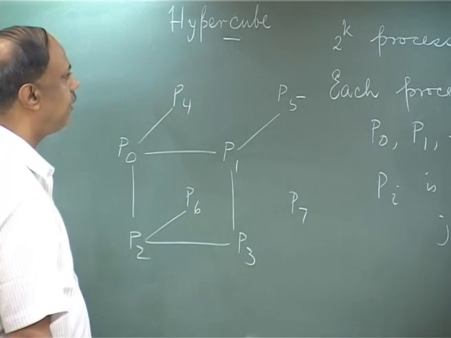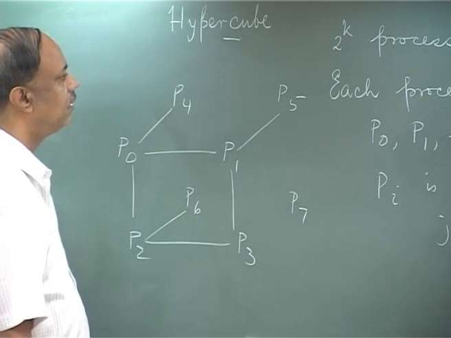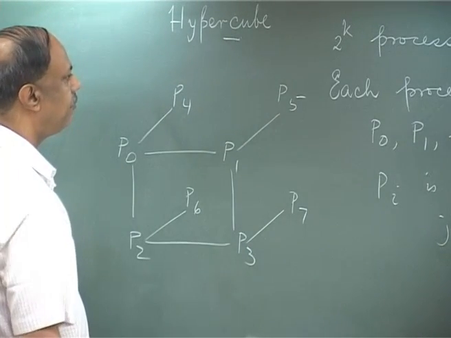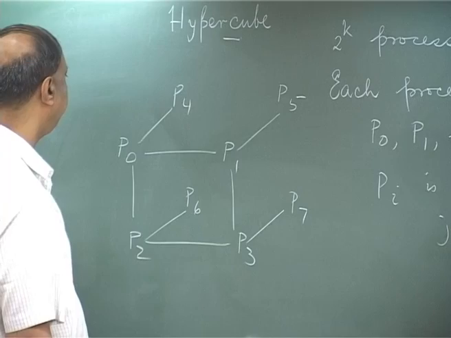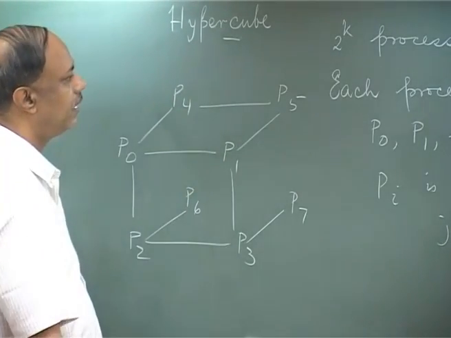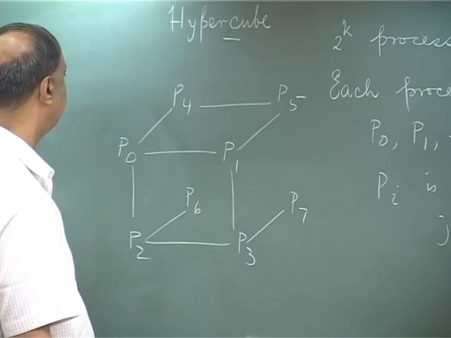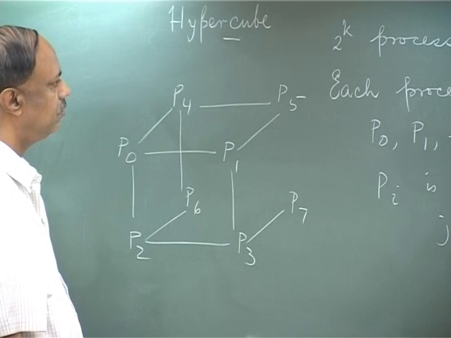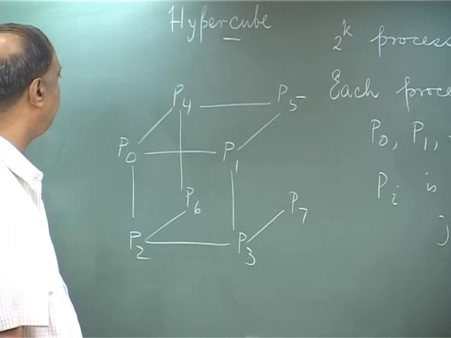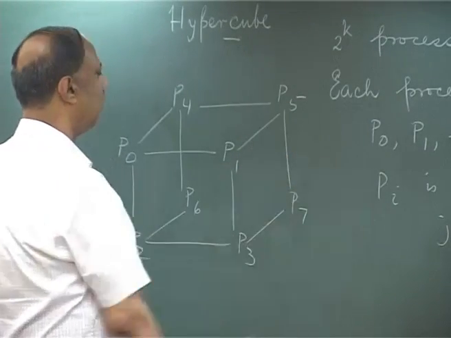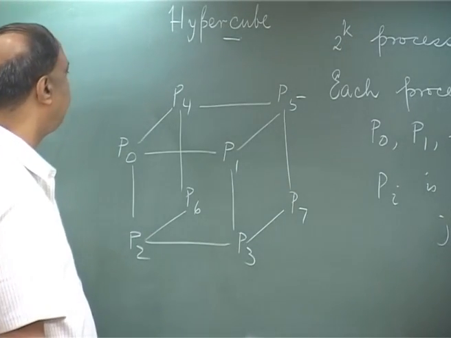P3 is connected with P2, P1, and P7. P4 is connected with P5, P6 and P0. P5 is connected with P4, P7 and P1.